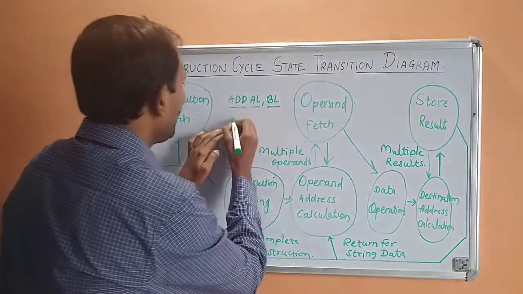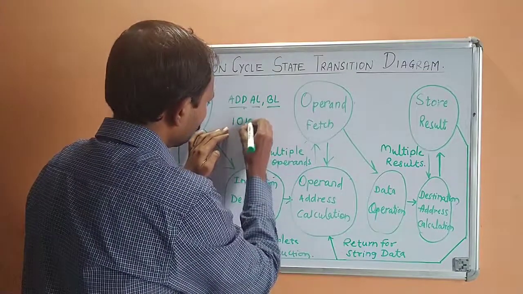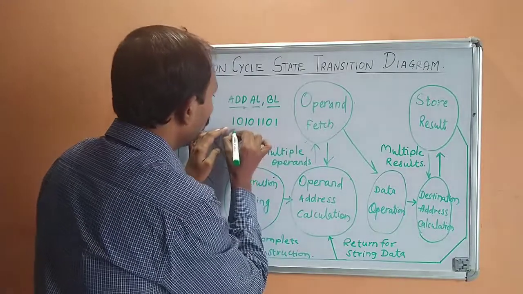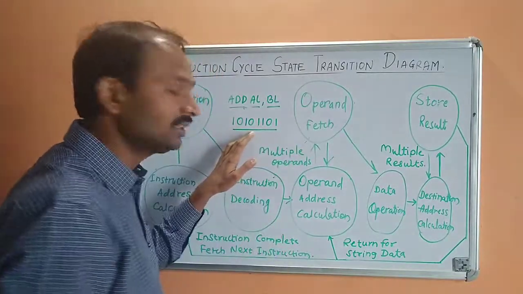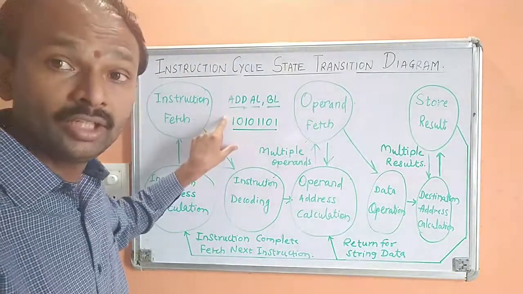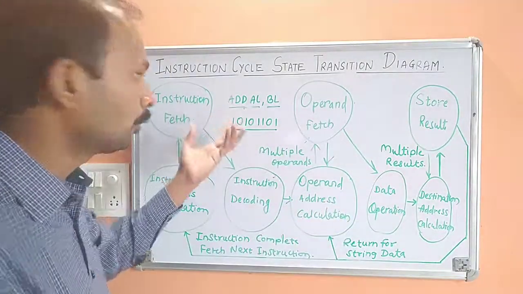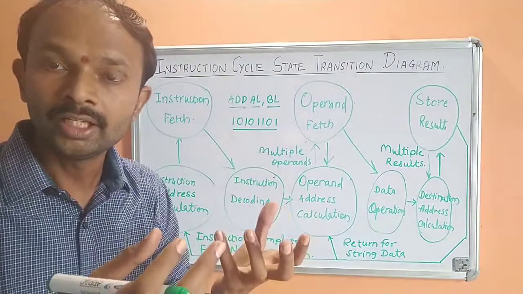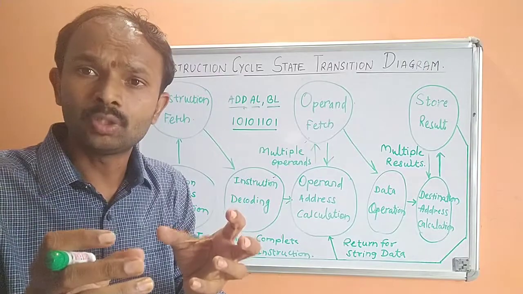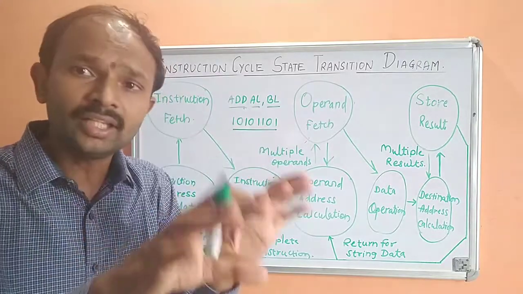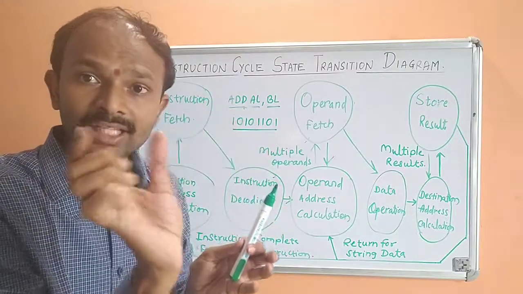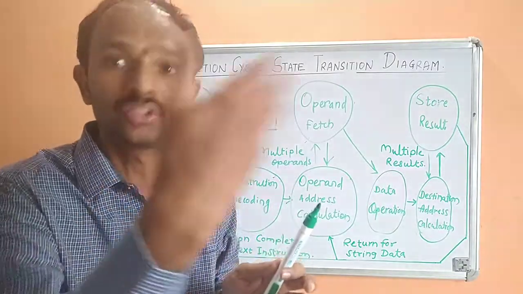Now if we have some pattern, for example, whether this pattern means it is an instruction or whether it is data, the computer does not know it, because inside the computer everything is already in binary. So we check whether that binary pattern means an instruction.